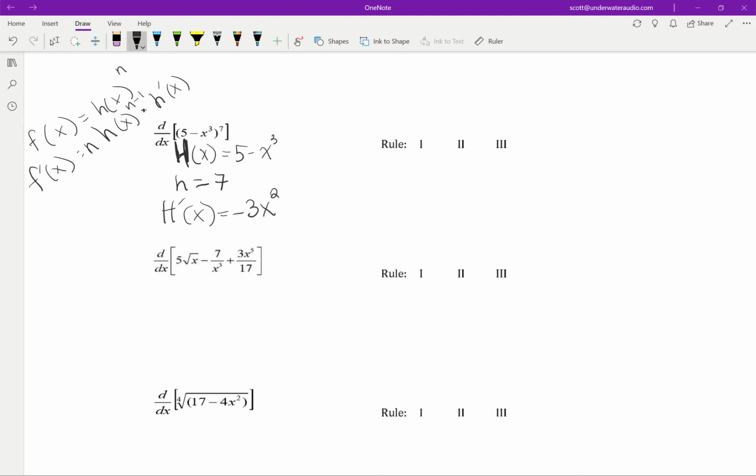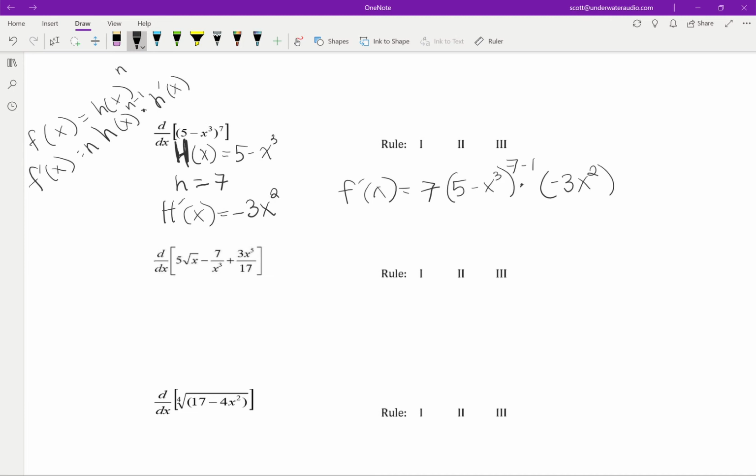Now putting it all together, f prime of x is n, which I know is 7, and then h of x, which I know is 5 minus x cubed, to the n minus 1, so 7 minus 1, and then times h prime of x, which I just found to be negative 3x squared.